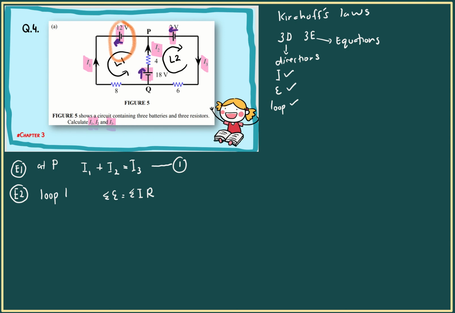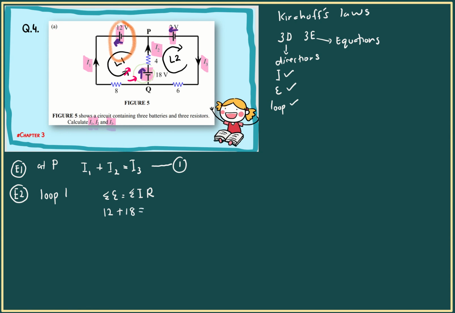So it's going to be 12. And if we compare the second EMF, the direction is again equal to the direction of the loop, so again it is positive.